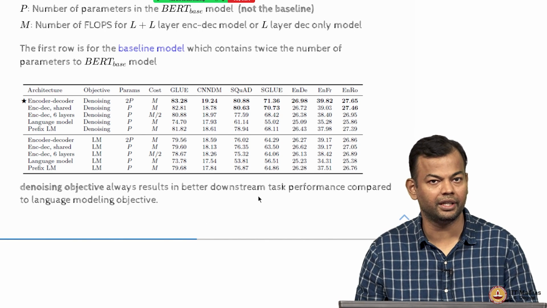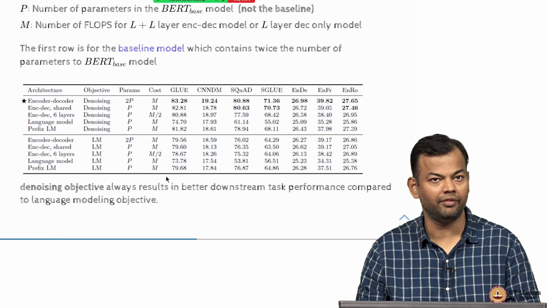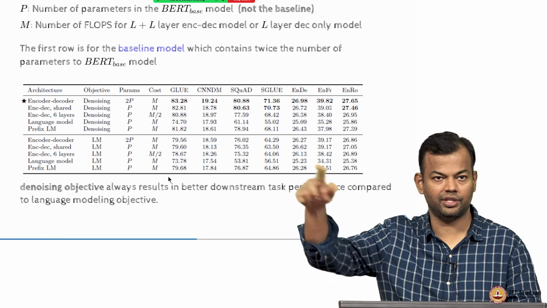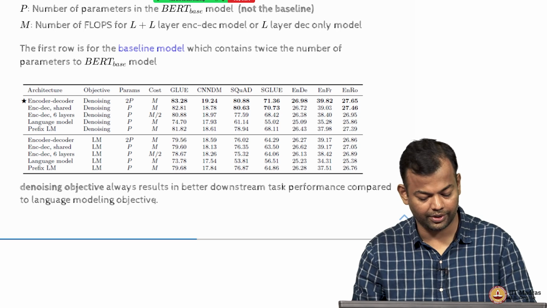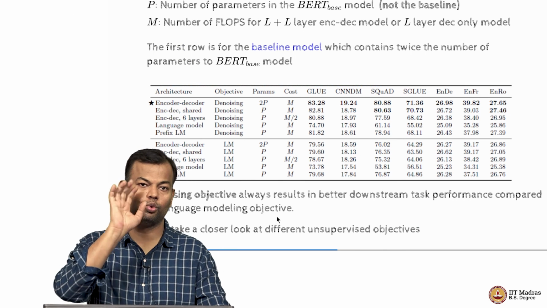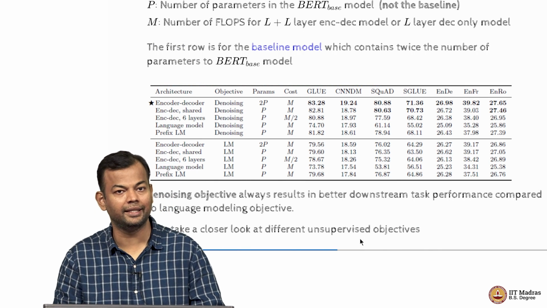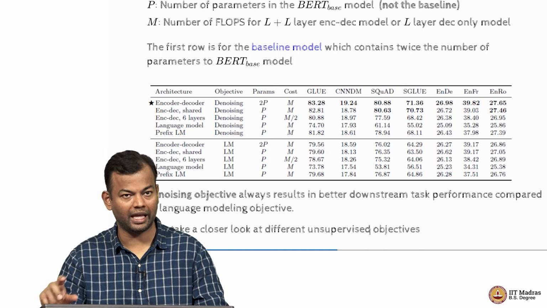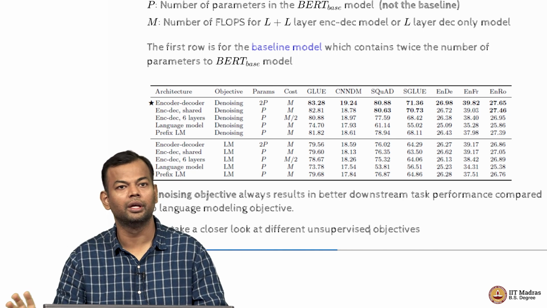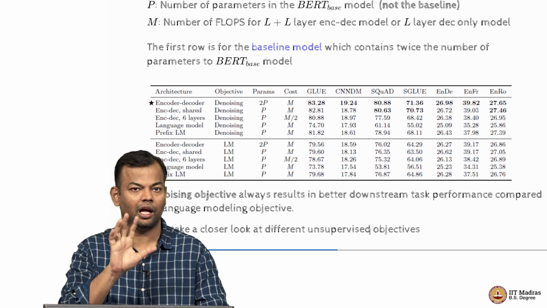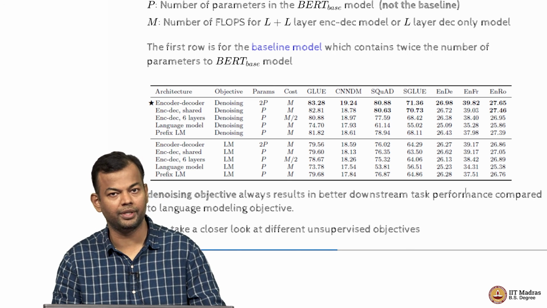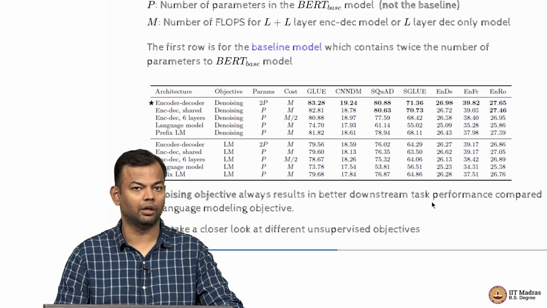So the denoising objective seems to be a better objective than the language modeling objective, which is just the next token prediction objective. So now what we're going to do going forward is look at these objective functions a bit more carefully, zoom in a bit more, and see what the choices are there and whether there is a way to improve the performance further. So I'll end this video here.